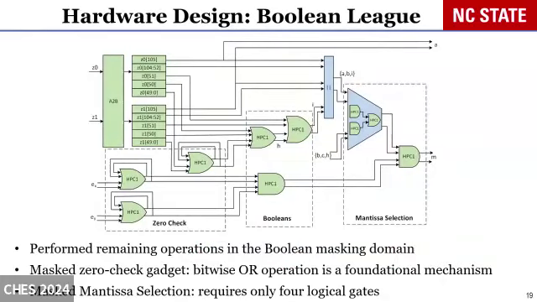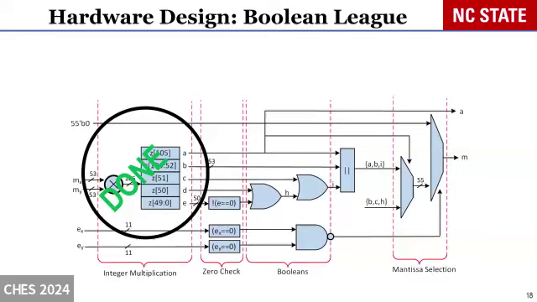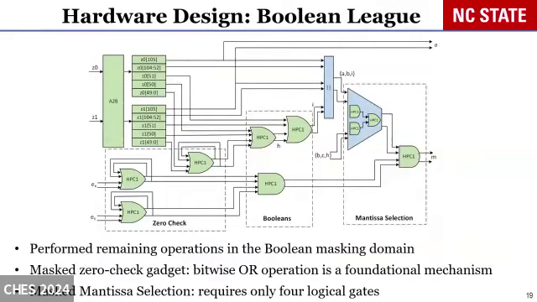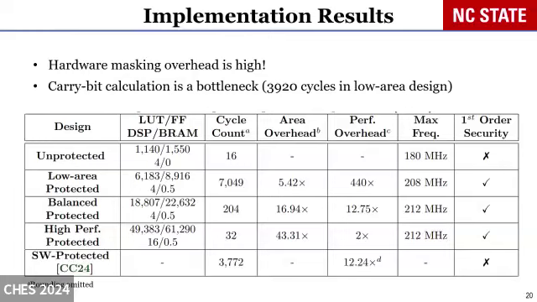We just take this whole design and use HPC1 gadgets to implement the Boolean masking in hardware. The zero check part will be done sequentially, but the rest essentially preserves the same structure. And the final multiplexer will only require 4 logical gates. So let me move on to implementation results first, and then I will conclude with the side channel part.